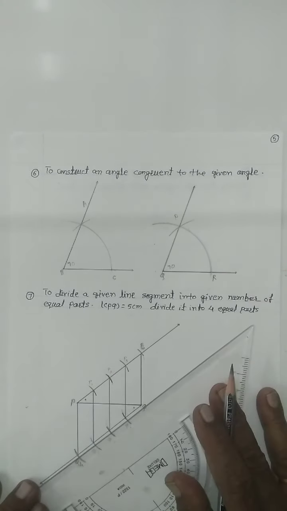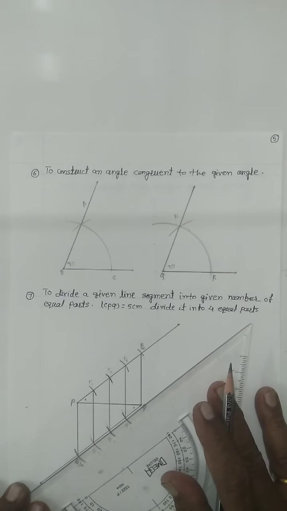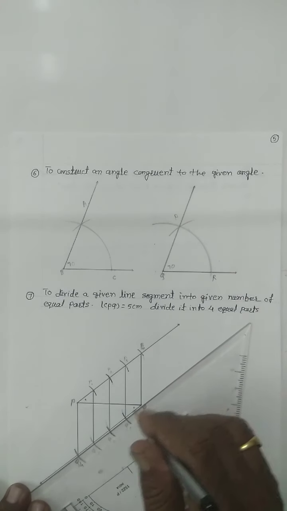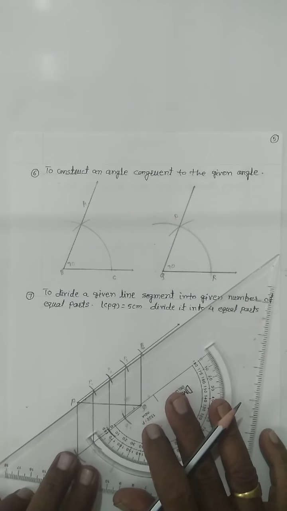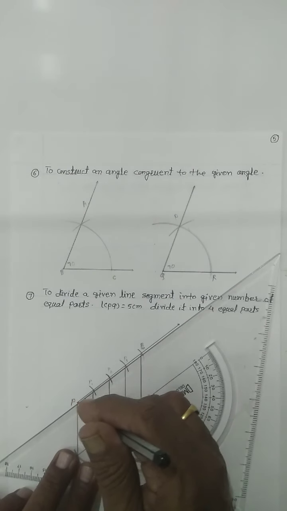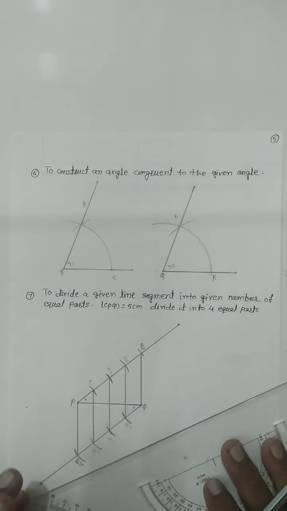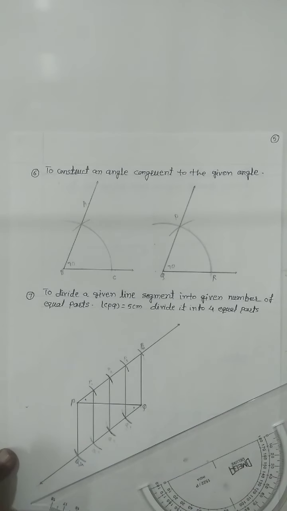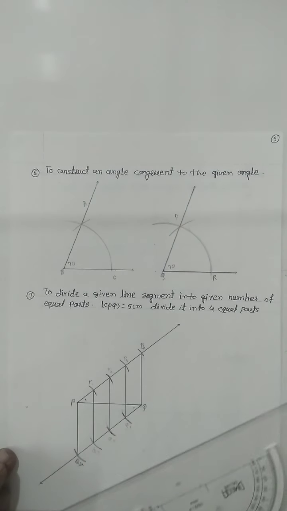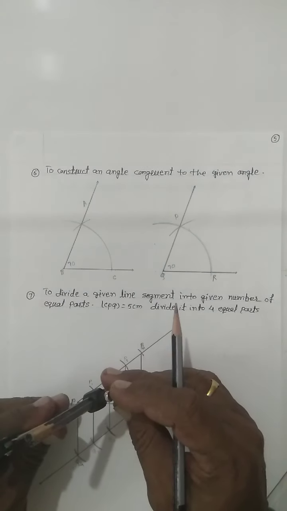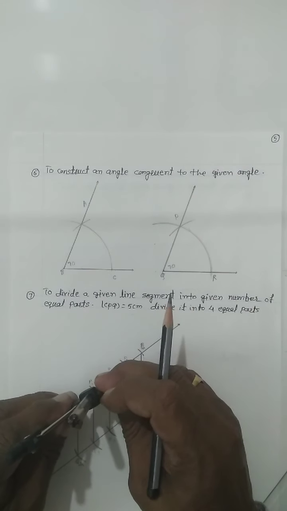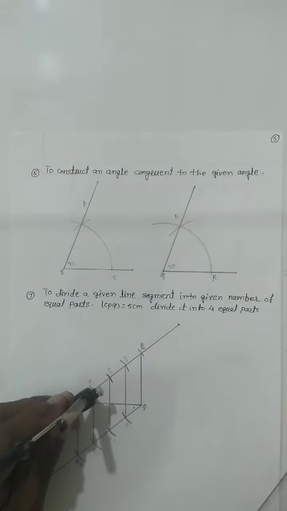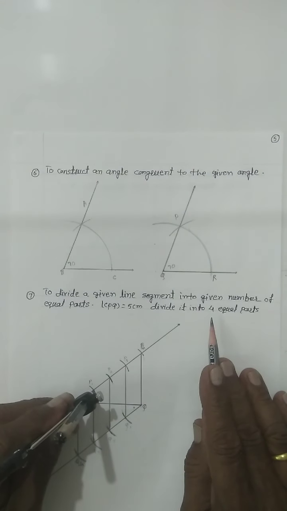Then draw the ray which starts from the point Q. Similarly, from P. Now these are the two same angles and these two rays are parallel to each other. Now take some distance between the two terminals of the compass and draw the arc on this ray.